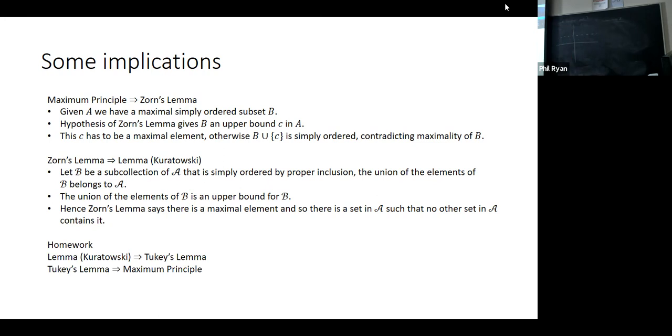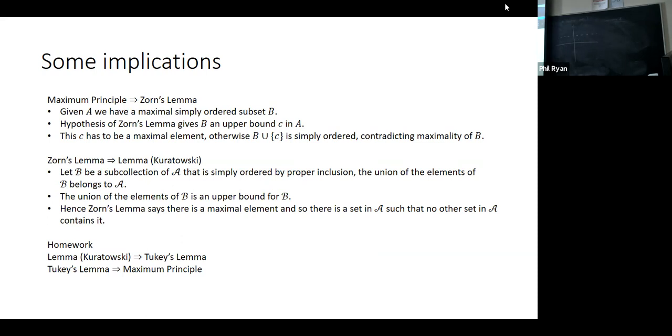And then for homework, I'm going to get you to show that Kuratowski's lemma implies Tukey's lemma, and that Tukey's lemma implies the maximal principle, and you've done a full circle then, showing that those four things are all equivalent.